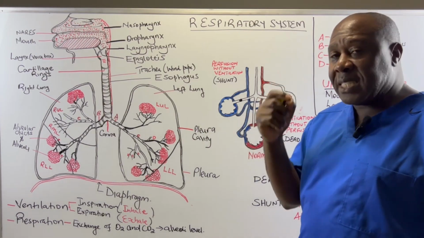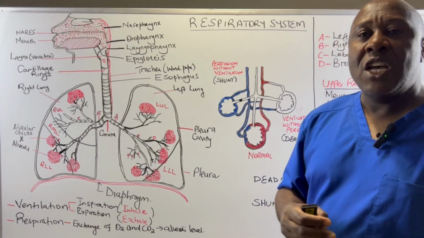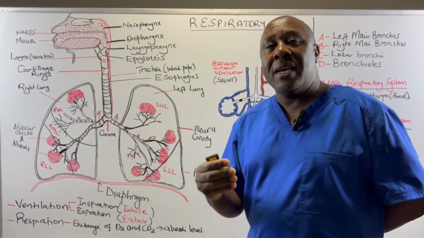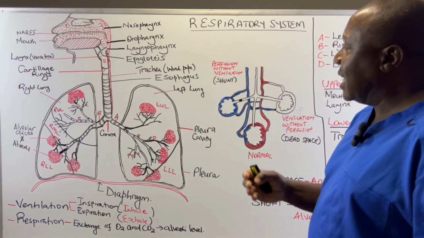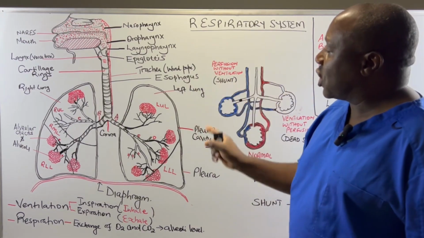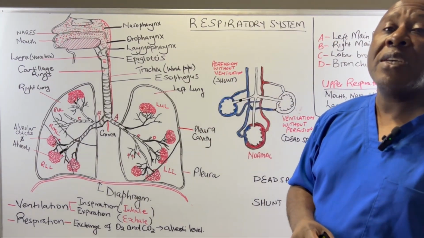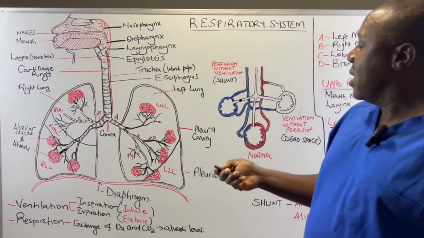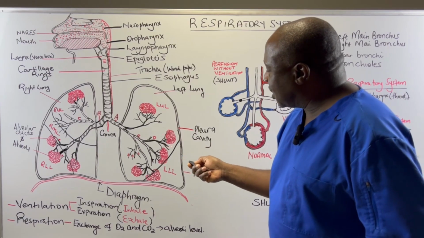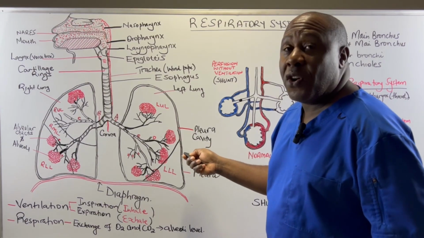So remember, a shunt refers to blood which does not participate in gaseous exchange, while a dead space refers to the tracheobronchial tree which does not participate in gas exchange. And very important, you must remember that gas exchange occurs at the alveoli level.